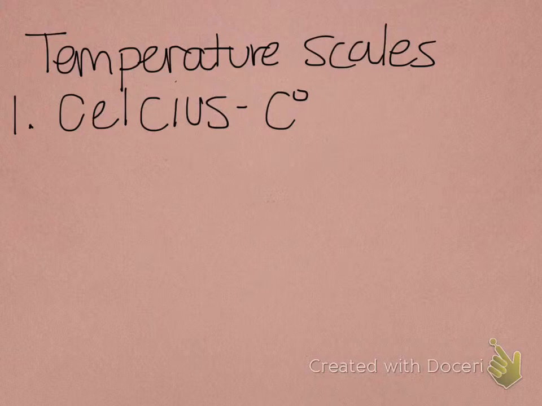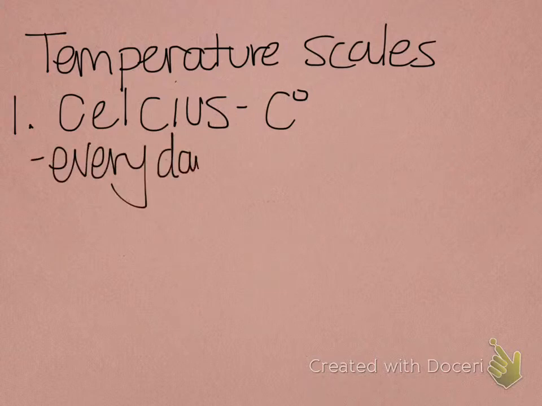Now, there are different temperature scales, so different ways that we measure the temperature within a system or within a substance. And the first of those scales that we're going to talk about is the Celsius scale. Now, the Celsius scale is used for everyday use in most of the world.